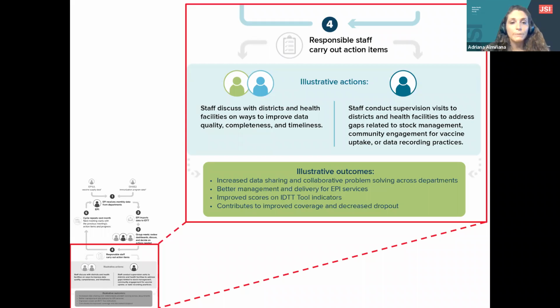Or maybe another action item would be that a certain staff would be assigned to conduct a supportive supervision visit to address some gap that had been revealed through that data analysis. It might have been a problem with stock management or other issues. So the idea here is that the triangulation analysis was really driving concrete actions at those lower levels. So it was allowing these managers to really better pinpoint and prioritize their support in order to improve the management and delivery of EPI services.